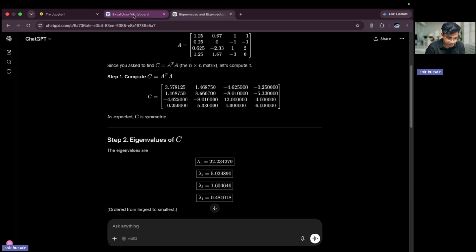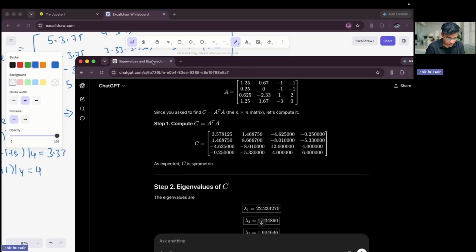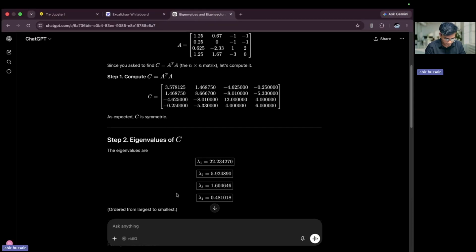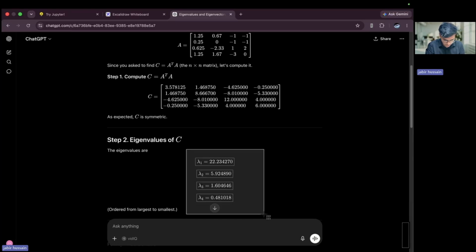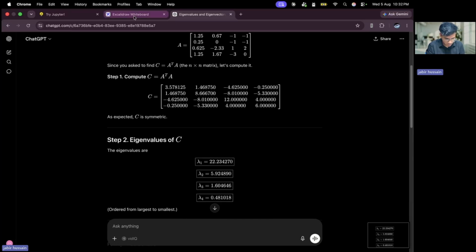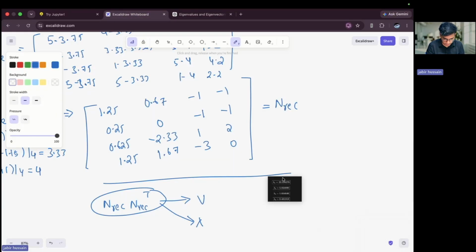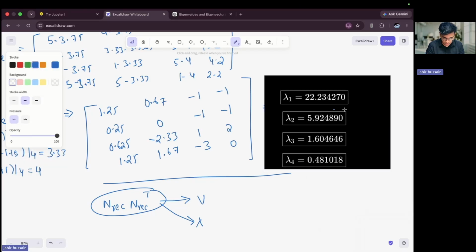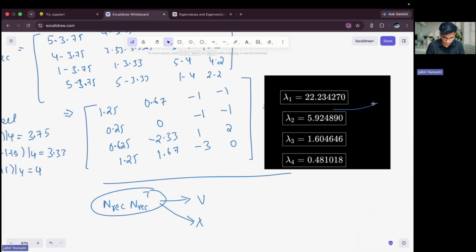So we got our lambdas. Let me take a screenshot and paste it here. Okay, we got our lambdas.